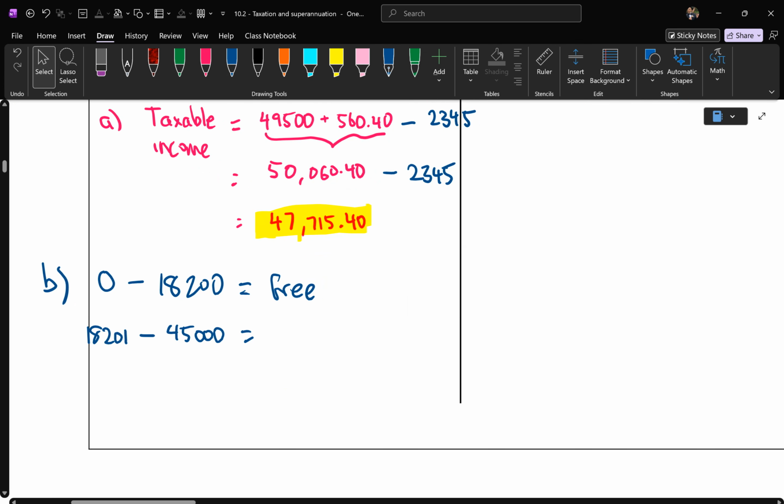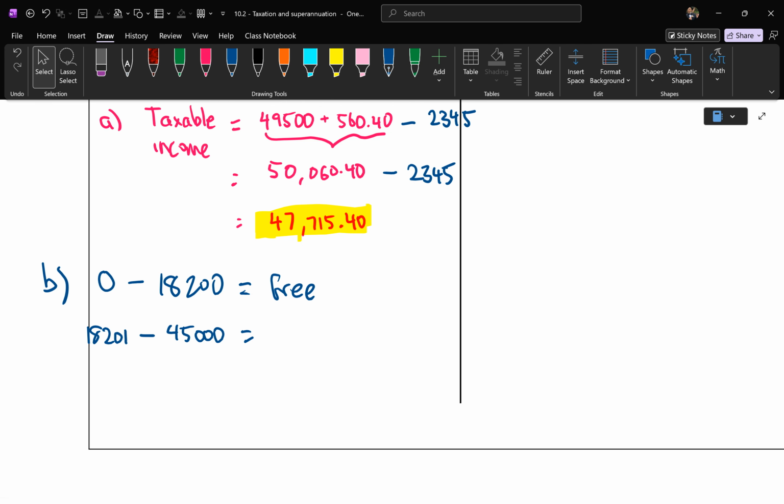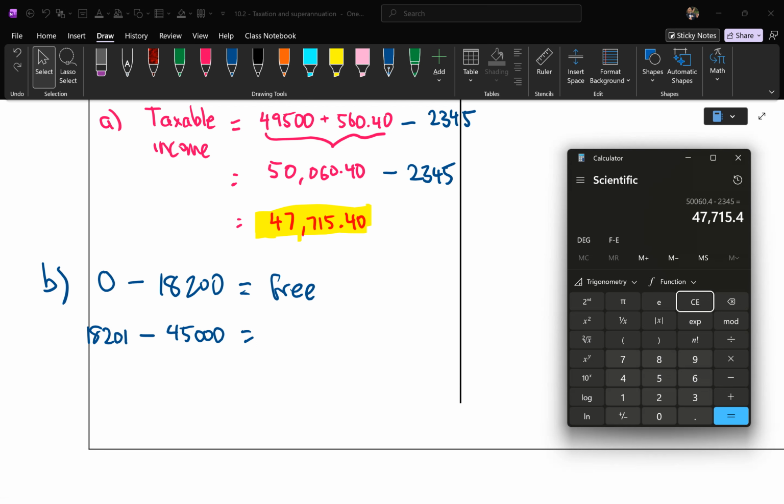From this point to this point, so $1 over $18,200, you're going to pay. So let's work it out. $45,000 take away $18,200. That amount, $26,800, is how much you're going to pay 19 cents for, because you earned an extra dollar over that.